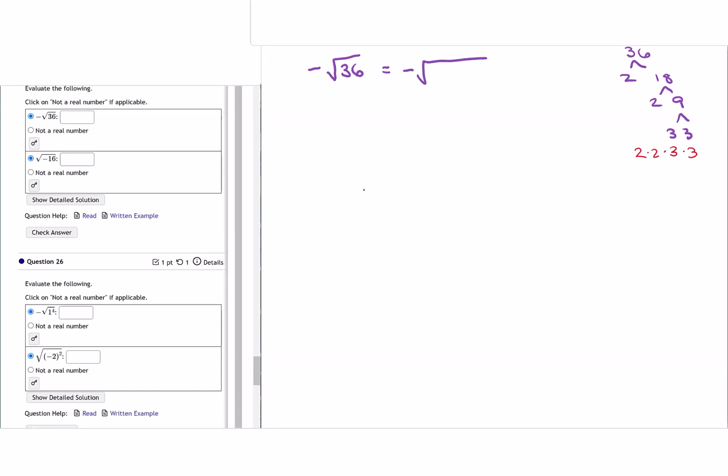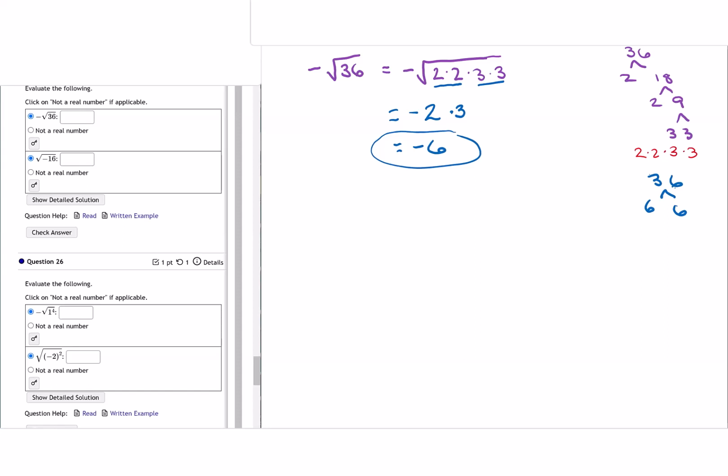Negative the square root of 2 times 2 times 3 times 3. For every 2 that are under the radical, I get one of them. This is equal to negative 2, and then I have 2 3s, times 3, which equals negative 6. And if you knew that the square root of 36 was 6, because I could also factor this as 6 times 6, I would have been done. This is my final answer.